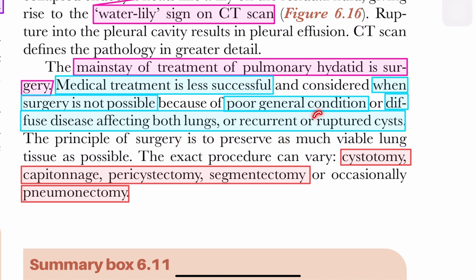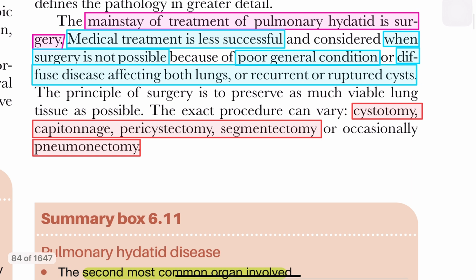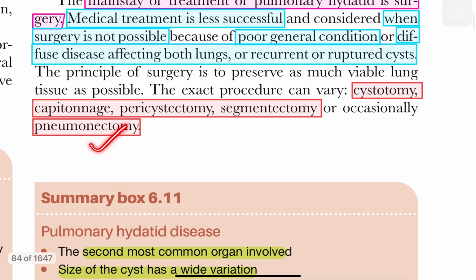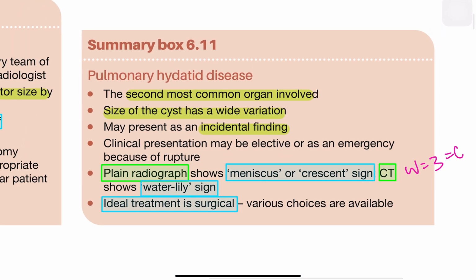In case of ruptured cyst also you should go for medical management, because of anaphylaxis and all. What are the surgical options? Cystotomy, capitonnage, pericystectomy, segmentectomy, and pneumonectomy.